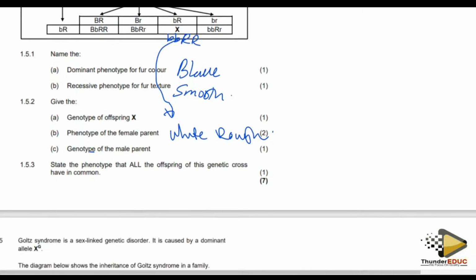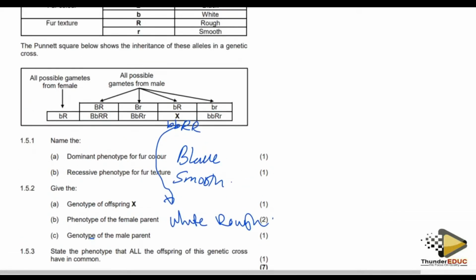As I taught you, what you do is you come here, say capital B, yes, you don't repeat it. Capital B, small b, yes, and then you go capital R. Capital B, you don't repeat capital B, but you have a small b here, put a small b. Then capital R, you look for, you have a small r, so small r. So that is going to be the genotype of that individual.